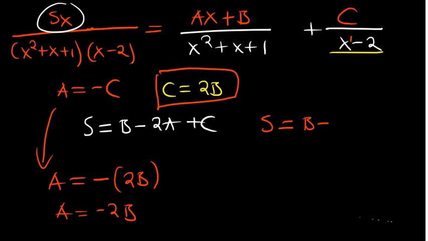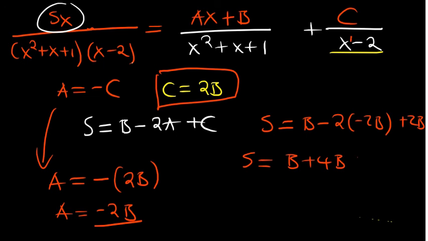For our a, we have negative 2b, so 2 times negative 2b, and then plus c, which is 2b. So we have 5 being equal to b plus 4b plus 2b. So we have 5 being equal to b plus 4b, 5b, 7b. So our b becomes 5 over 7.